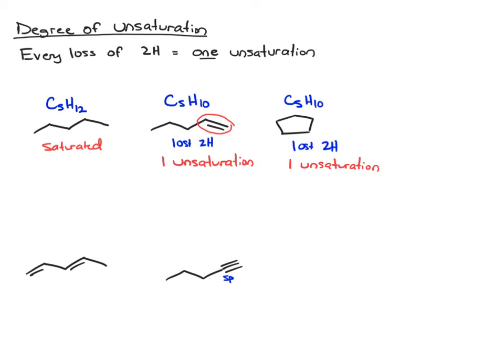So now let's come down here to this structure where we have 2 double bonds. We still have 5 carbons, but now each double bond resulted in a loss of 2 hydrogen from the formula. Now if you want, you can draw your hydrogens in. We have CH3 here, H, H, H, H, and H. So now the formula is C5H8.